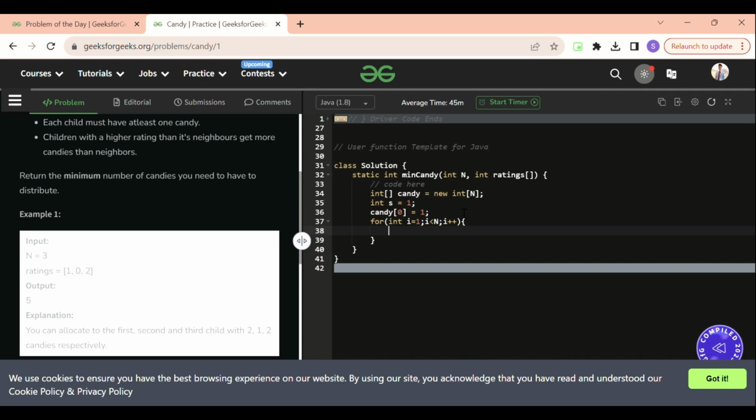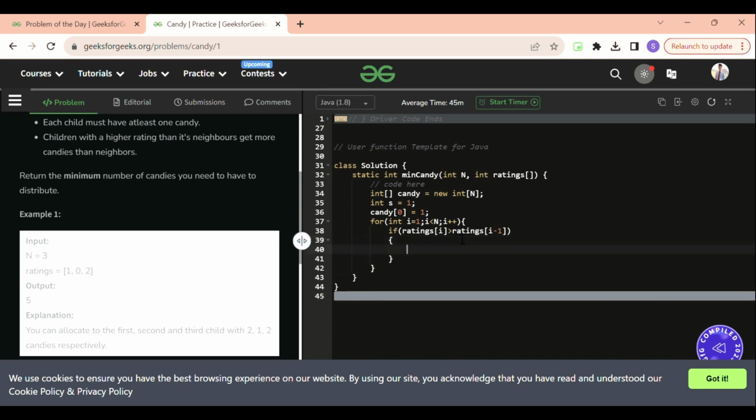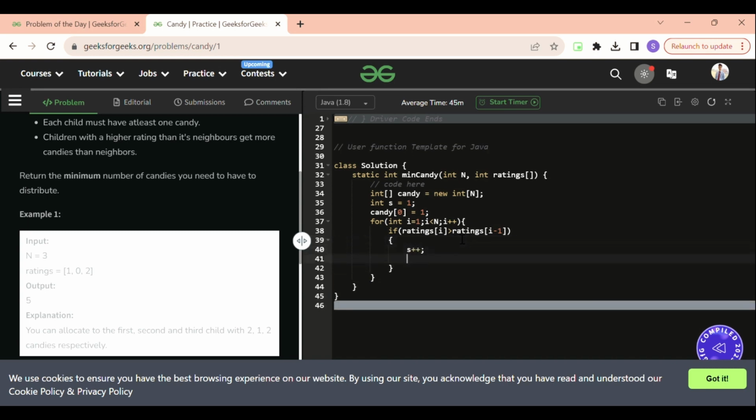Now i = 1. If ratings[i] is greater than ratings[i-1], what I will do is s++ and candy[i] = s.